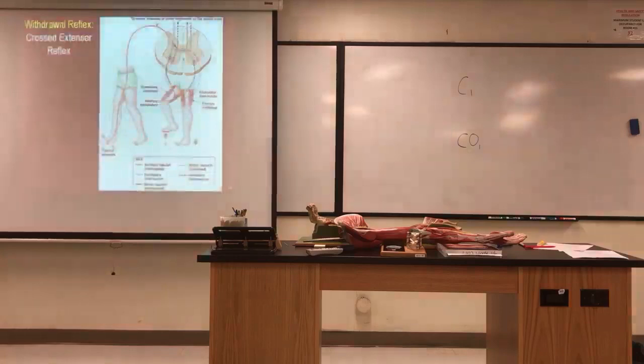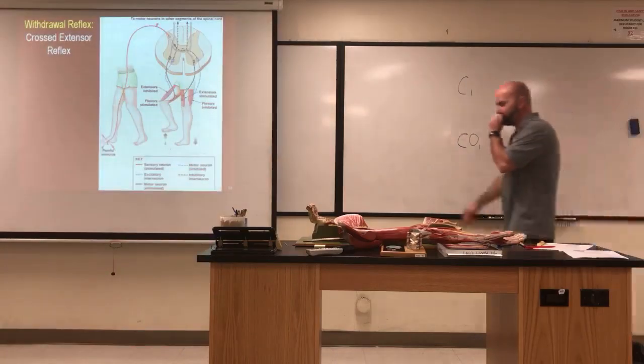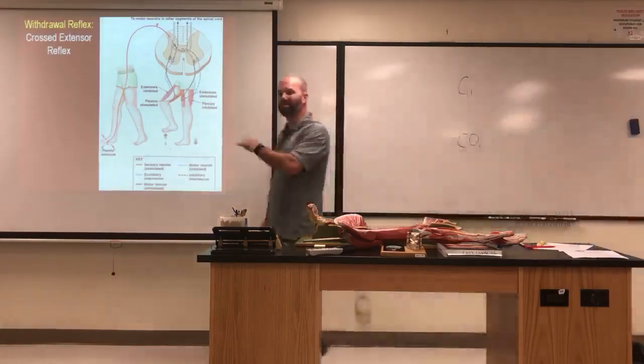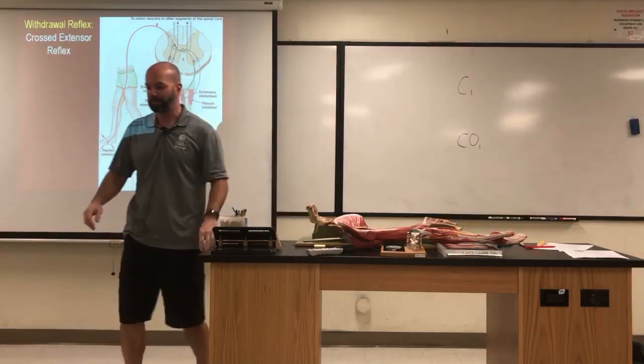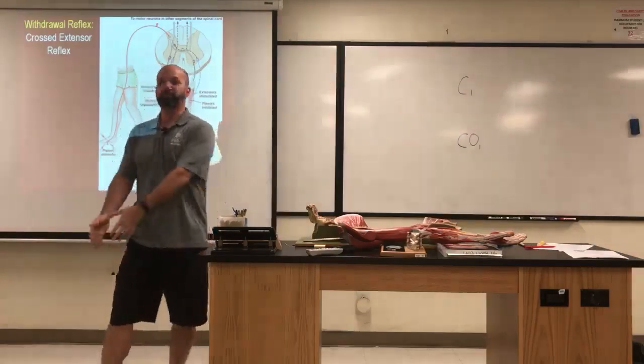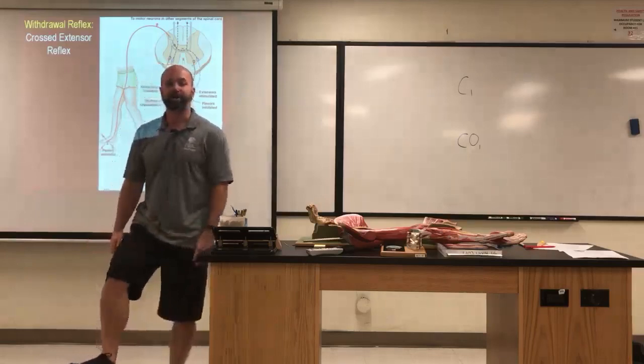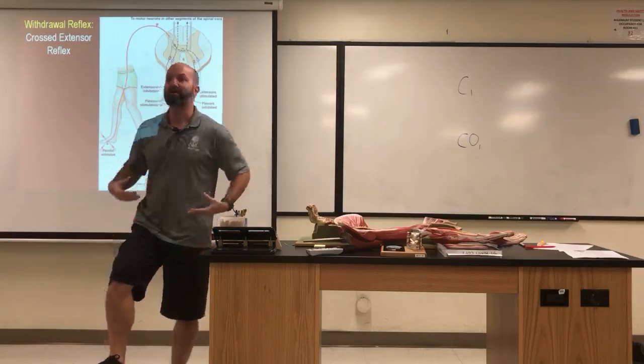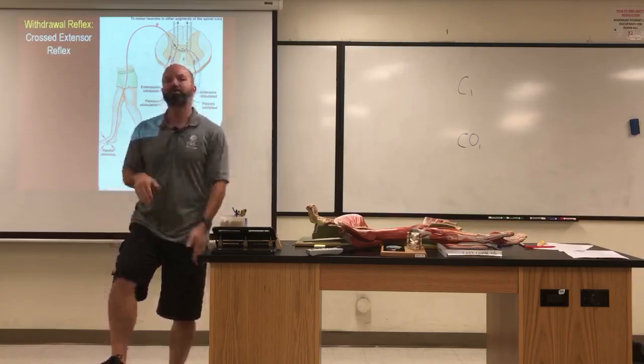If it involves the lower limbs, it increases the level of difficulty because now, not only do you have to take your foot off of that sharp or hot object, but you have to maintain balance with the other limb. So now both limbs are involved.